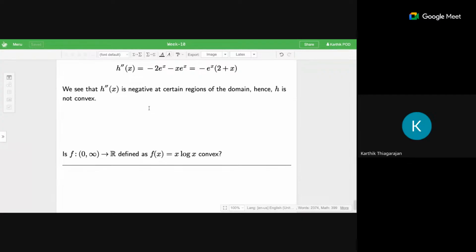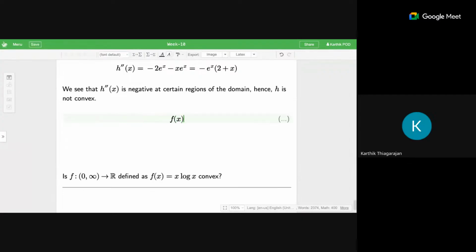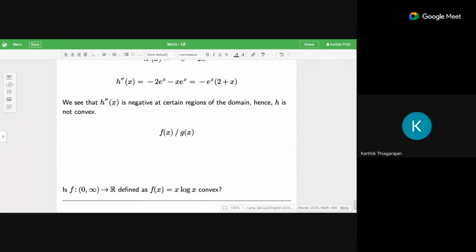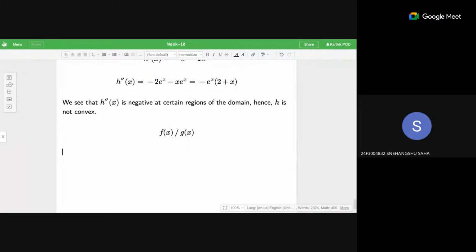So what about f of x by g of x? Is there an example you can think of where f and g are convex, but f by g is not convex? If g(x) is equal to 0, then it's like no, right?